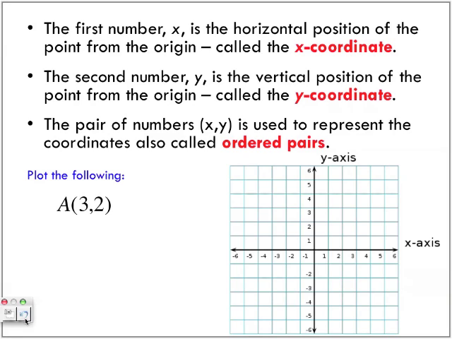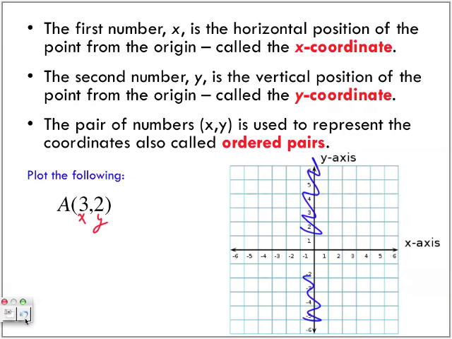3 and 2. One thing I like to do, especially at the beginning when you're first learning this stuff, is identifying the fact that 3 is your x, 2 is your y. So, if you look at the Cartesian plane, think of it this way. Ignore the y-axis for a second. What does the x-axis remind you of? Exactly, integers, right? So your number line.